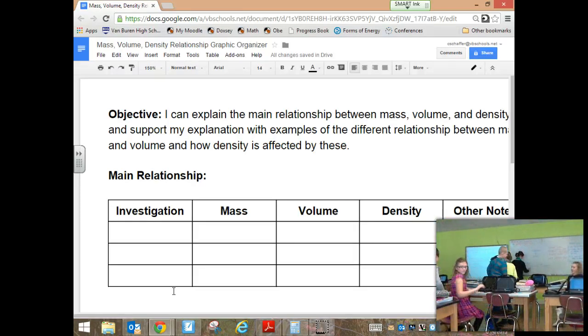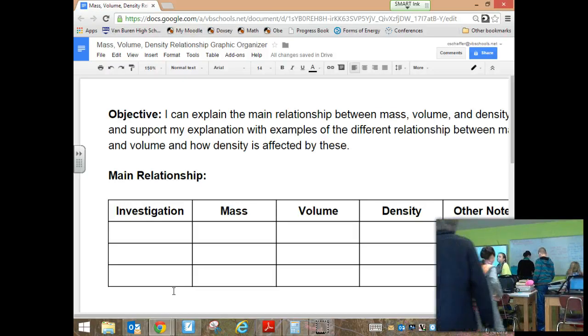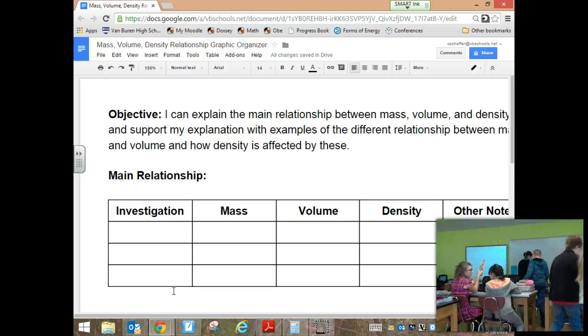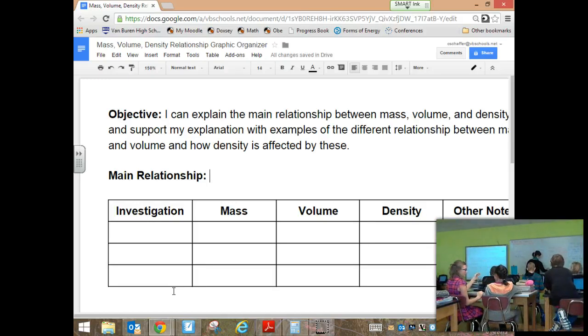Okay, so, when we're talking about density and how it's all related, without mass and volume, could we even calculate density?